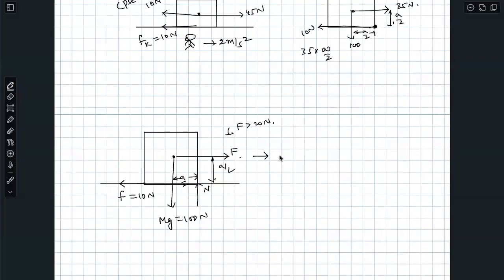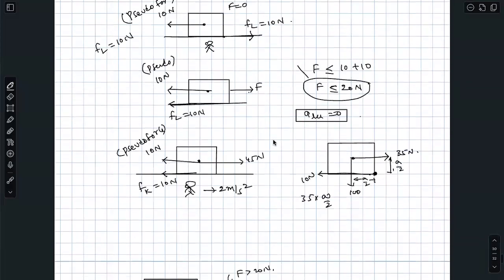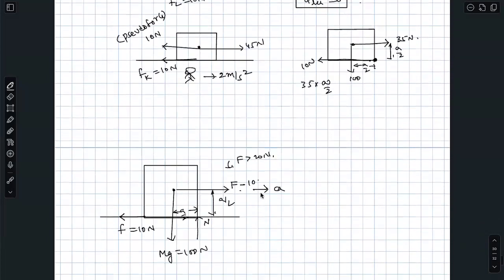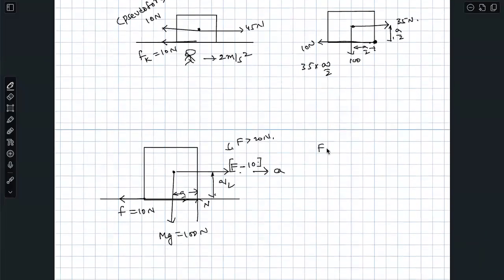And by the way, there is an acceleration for this, some A. If I said A, it is already slipping, right? And F minus a pseudo force. You said what is the acceleration? 1 meter per second. So 10. So what case you want? F minus 10 times.